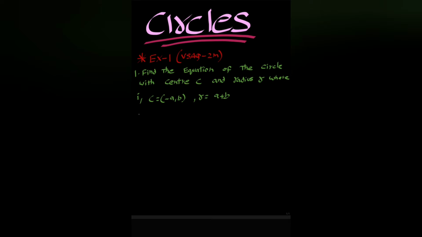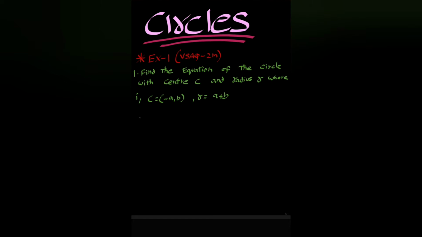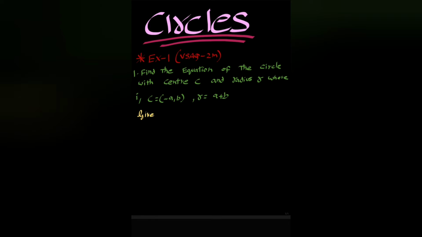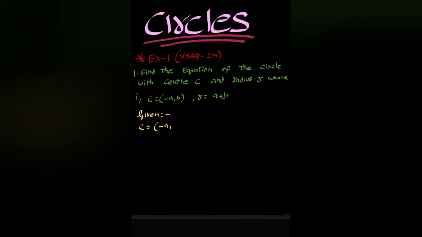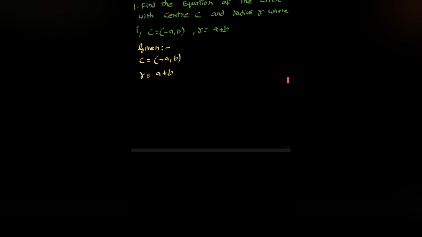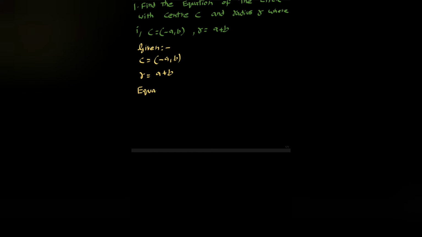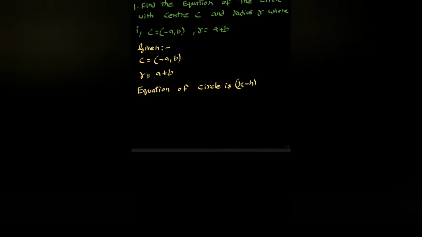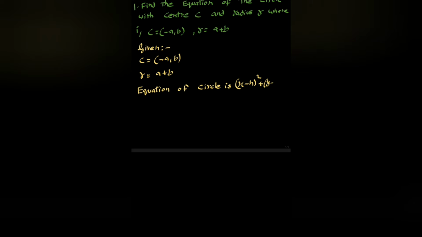So the solution is, given c equal to minus a comma b, r equal to a plus b. So the equation of circle is x minus h whole square plus y minus k whole square equal to r square.